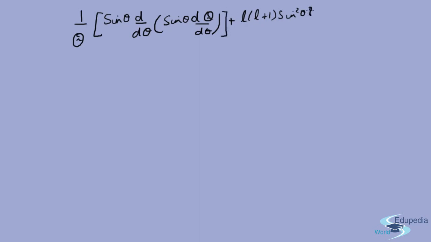This is the bracket here. This is equal to m squared, and the phi equation is 1 by Phi, d squared Phi by d phi squared is equal to minus m squared. So this is the equation which only contains the variable theta, and this is the equation which only contains the variable phi, and this is an easy equation whose solution you can see directly.